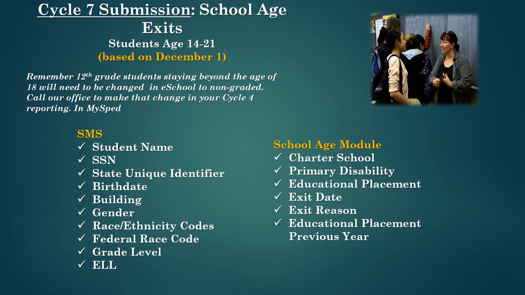And these also are the following fields that are pulled from the School Age module: the student's name, social, unique identifier, birth date, building, gender, race, federal race code, grade level, ELL, charter school, primary disability, educational placement, exit date, reason for exit date, educational placement of the previous year.